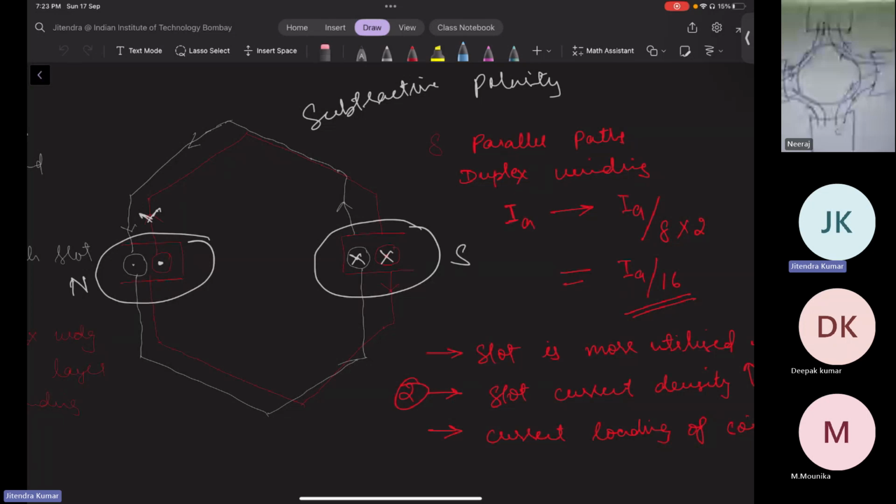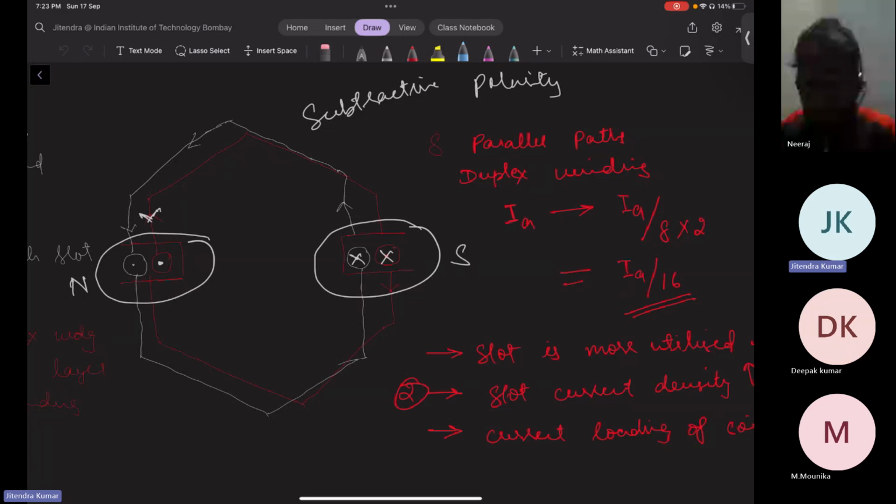Okay, if we draw the conductors, then it will be much clearer. So let me see. Yeah, you are correct. I think you are applying the knowledge of the DC machine practically. So let me take this figure for you.